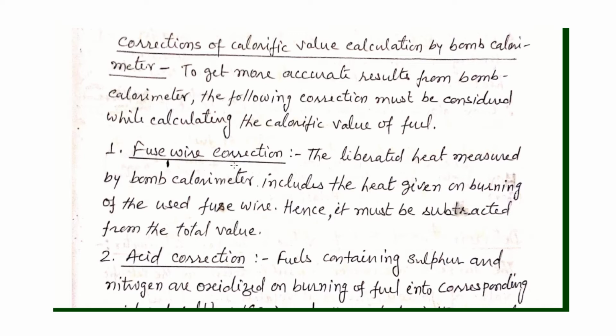The liberated heat measured by the bomb calorimeter includes the heat given on burning of the used fuse wire. Hence, it must be subtracted from the total value observed by the bomb calorimeter. That's why we take very thin magnesium fuse wire and also record its weight.